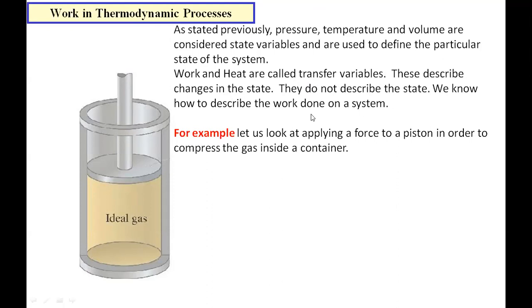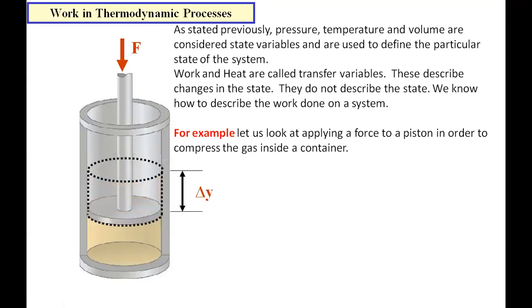We know how to describe the work done on the system. For example, let us look at applying force to a piston in order to compress the gas inside a container. We have this force compressing, then we have delta Y, and we have the area of the piston.